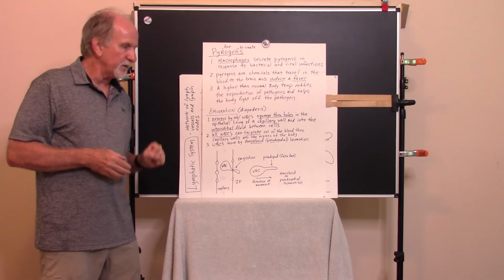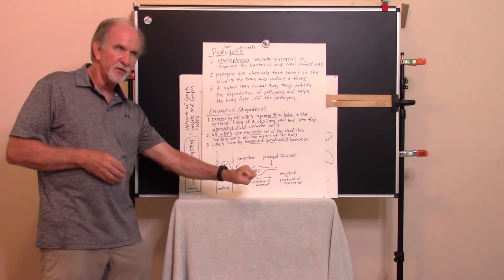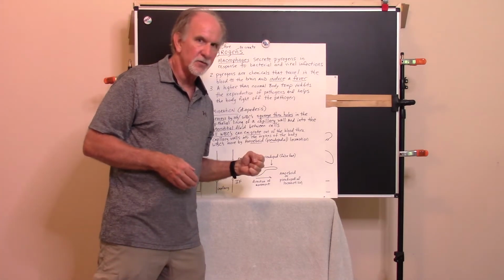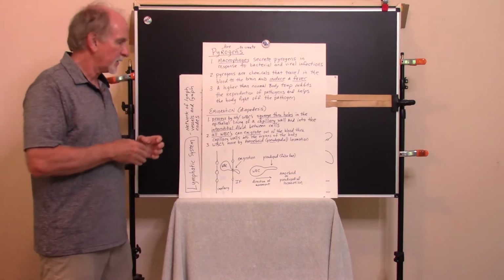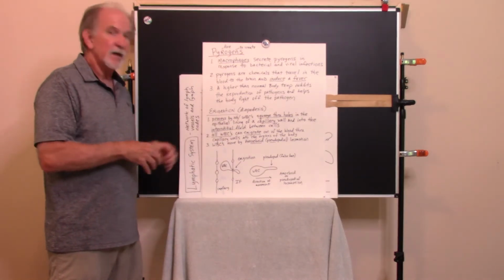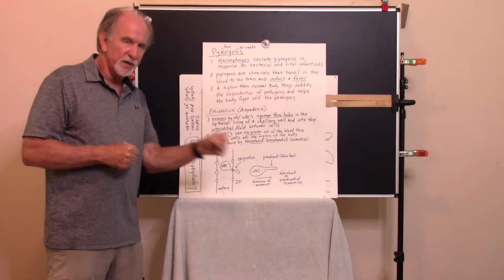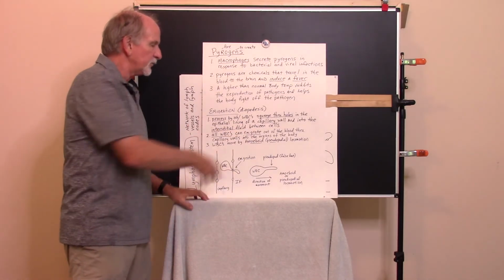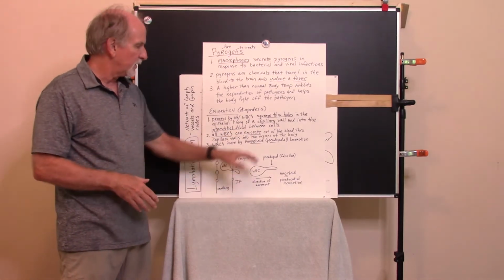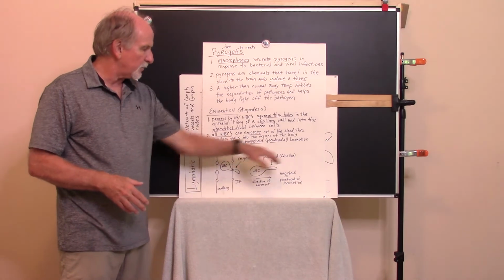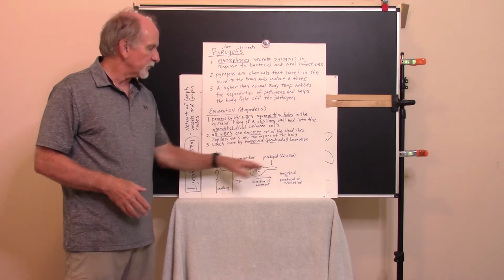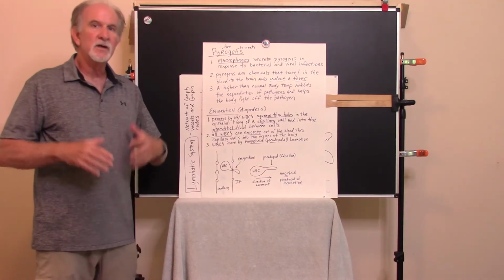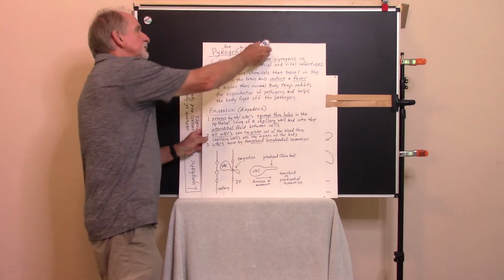And the pseudopod then will sort of grip something ahead of it and pull the cell along. And then it will repeat and do it again. And this type of locomotion that involves the formation of false feet called pseudopods is referred to as amoeboid or pseudopodial locomotion.